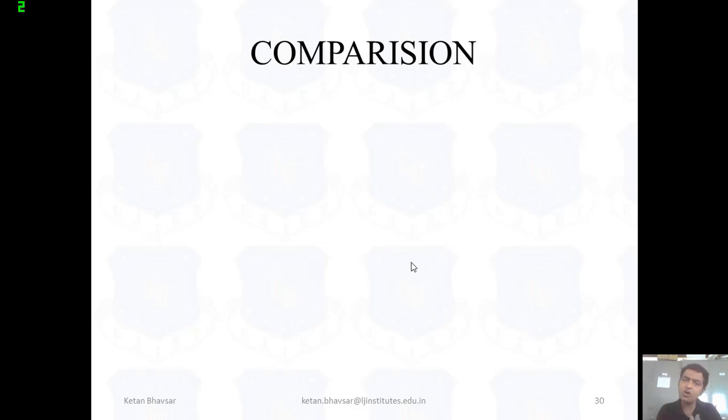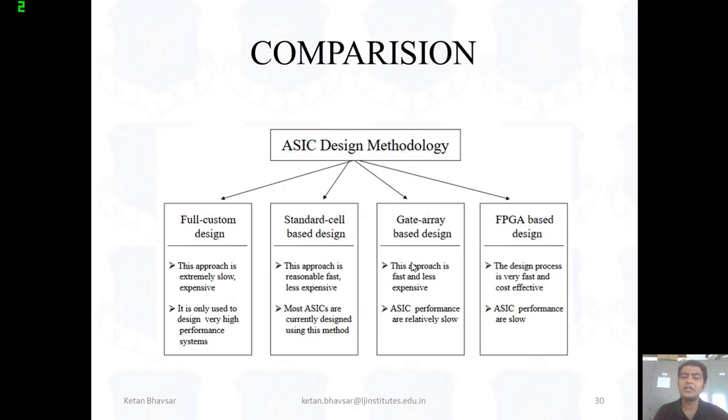Now we make a comparison of 4 different design styles that we already studied: full custom, standard cell, gate array based design, and FPGA based design. The full custom approach is extremely expensive. It is only used to design very high performance systems, as you can see. Now we make a comparison with standard cell. This approach is reasonably fast and less expensive.